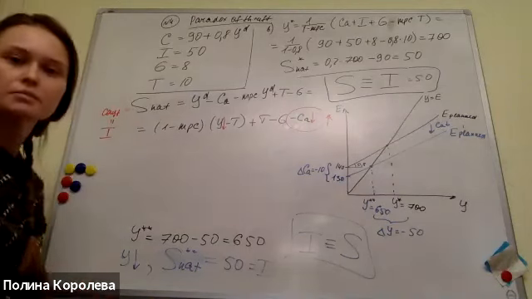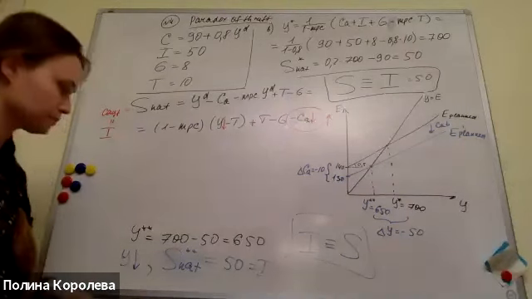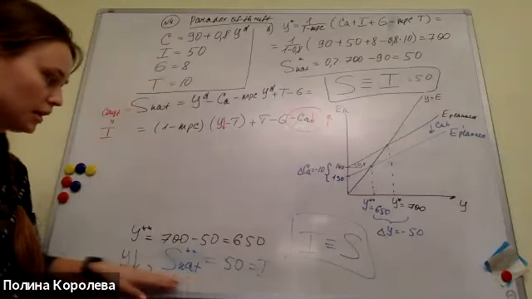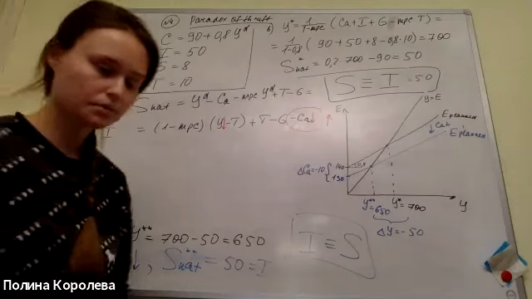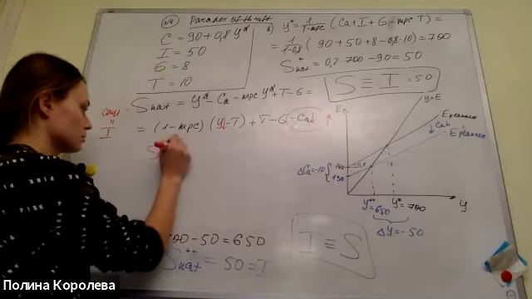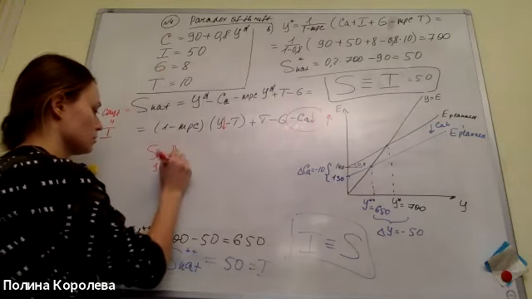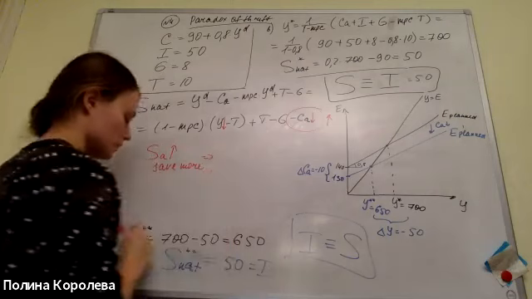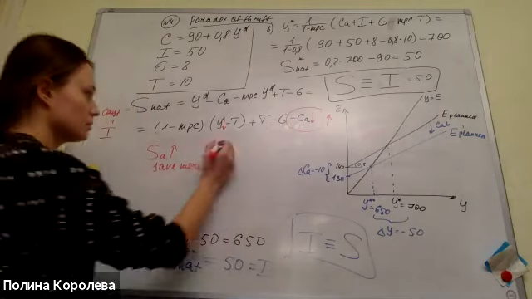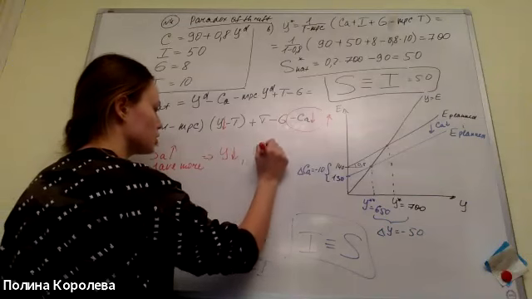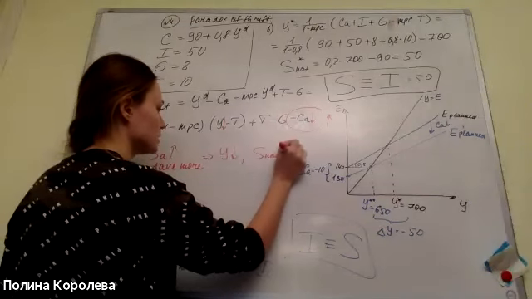And where is the paradox of thrift? We save in our situation. We begin to save more. And what was happening? GDP decreases, but national savings stays the same.